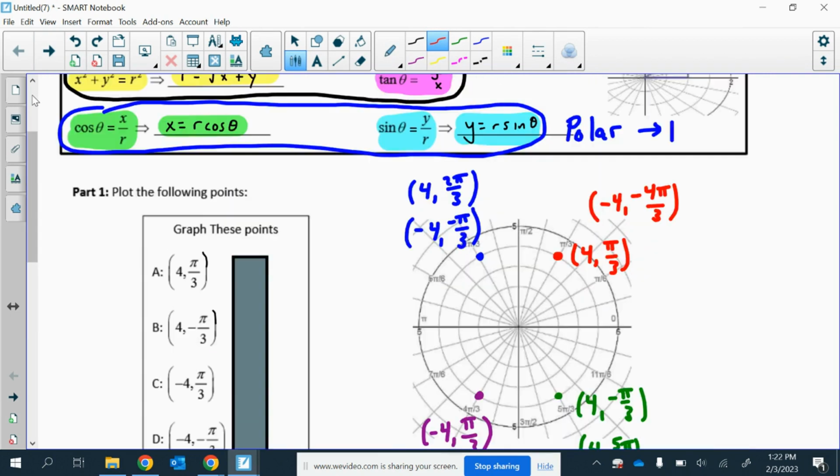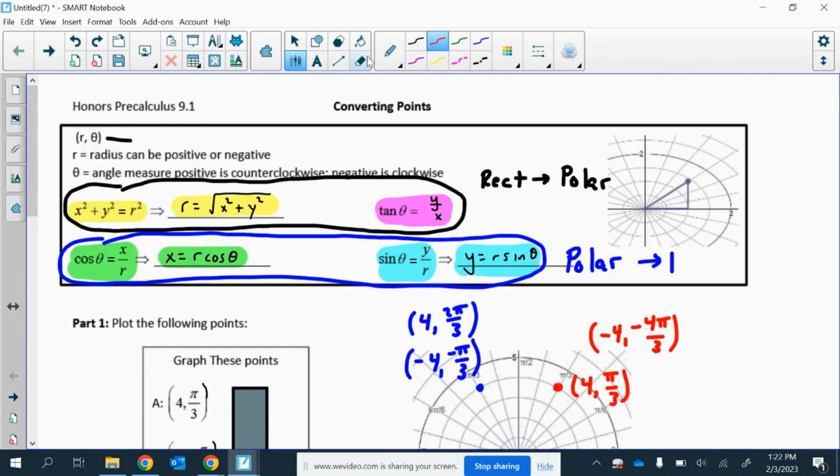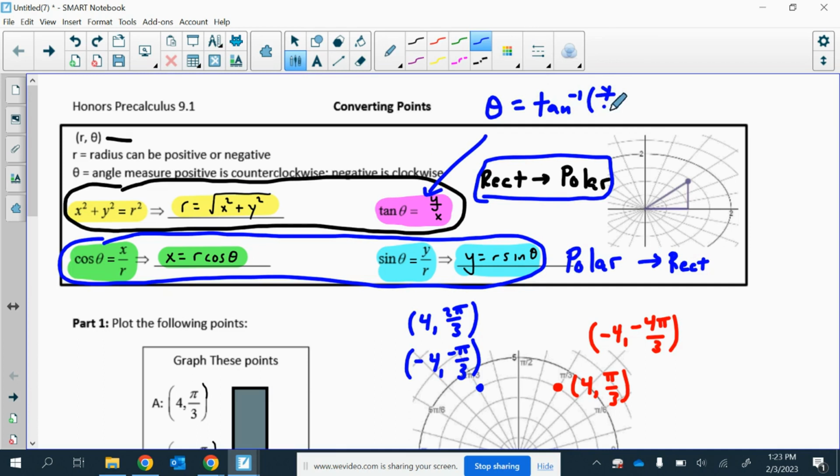And remember, if we're converting something from rectangular to polar, we probably want to use these equations. So r equals the square root of x squared plus y squared, and theta is going to equal the arctangent of y over x.